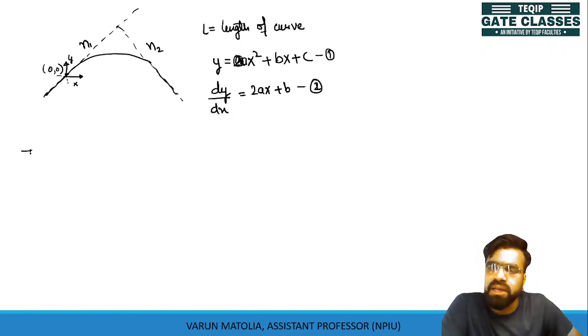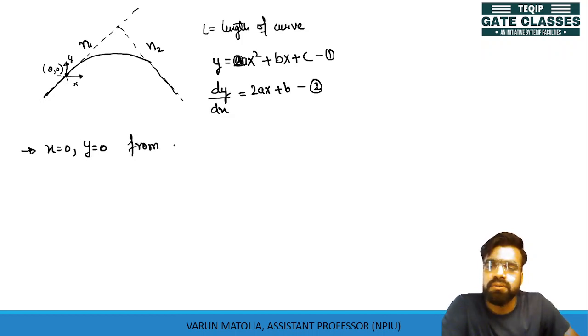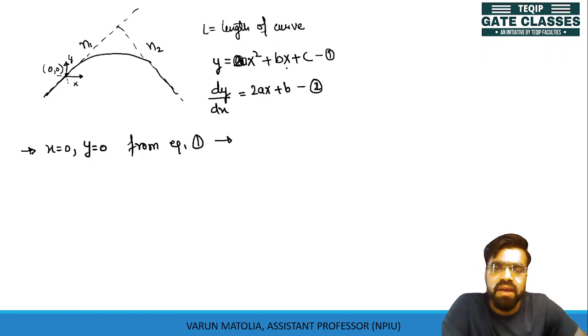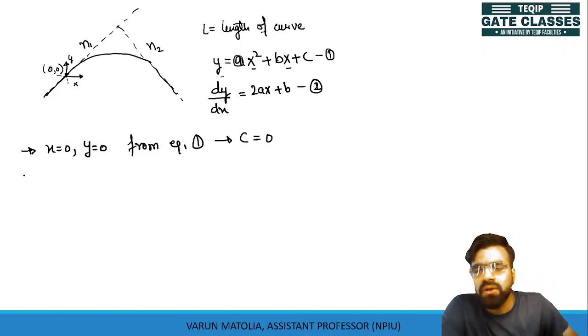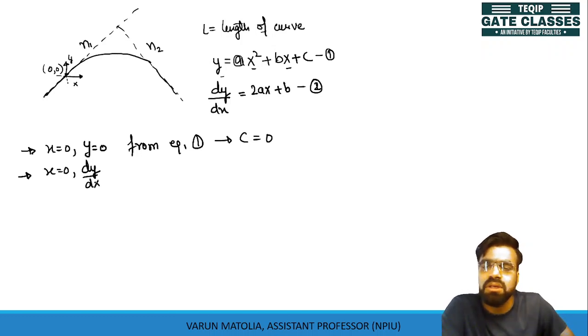Let's find the boundary conditions. For x equals 0, y is also equal to 0. From equation 2, we can say that if x equals 0 and y equals 0, the constant c will be equal to 0. Using another boundary condition, at x equals 0, we have the slope dy by dx equal to n1.